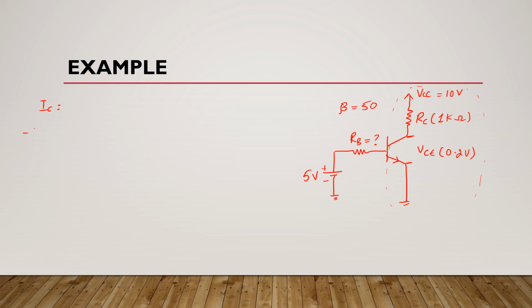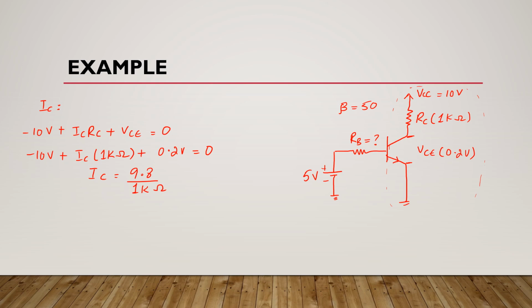It will be minus 10 volts plus IC RC plus VCE is equal to 0. Here we know that this RC is 1 kilo ohm and this VCE is 0.2 volts. If we rearrange this equation, we get 9.8 divided by 1 kilo ohm.